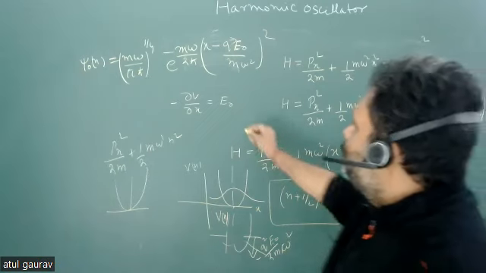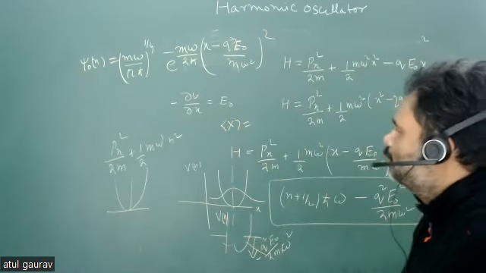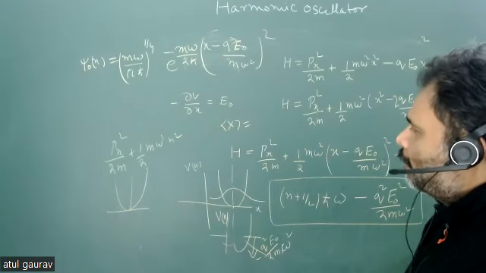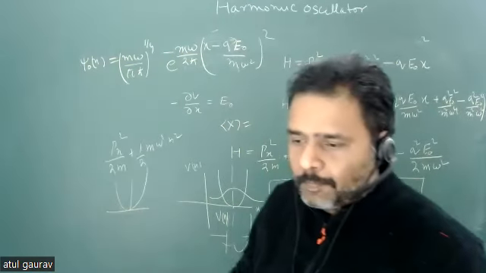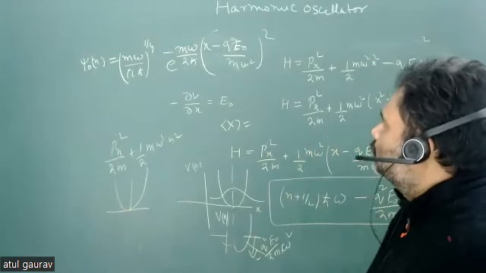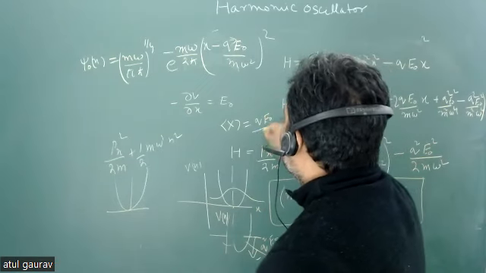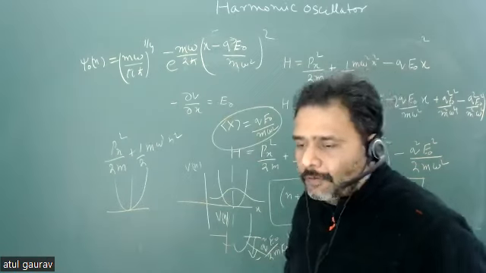And what is the expectation value of x? बताओ. What is the expectation value of x in this case? Just 0. What is expectation value of x in this case? Exactly, the equilibrium point. Yes. Q E naught upon m omega square. This will be your expectation value of x.